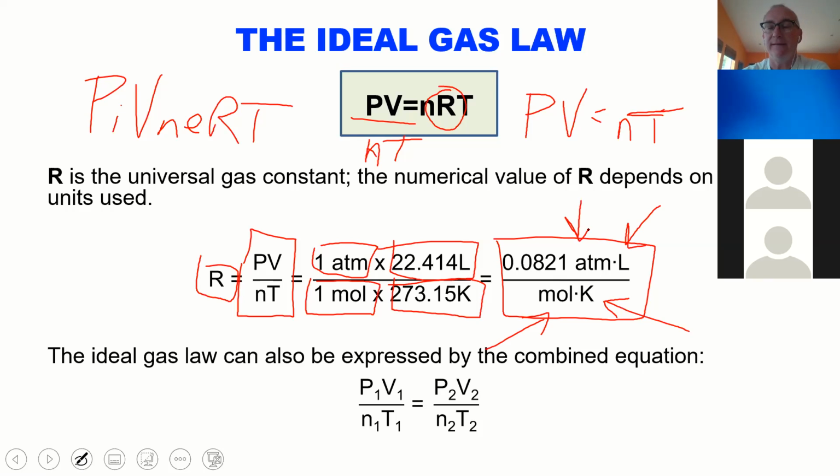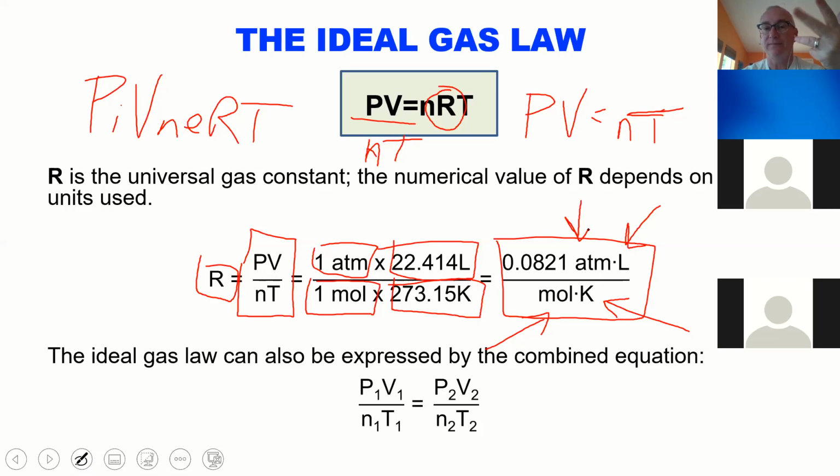So you need to remember: how do I get atmospheres from torr? How do I get liters from milliliters? How do I get moles from grams? And you've been doing this long enough, you should be able to do moles to grams back and forth pretty easily by now. And Kelvin, fairly straightforward, just add 273 to whatever the temperature is in Celsius.